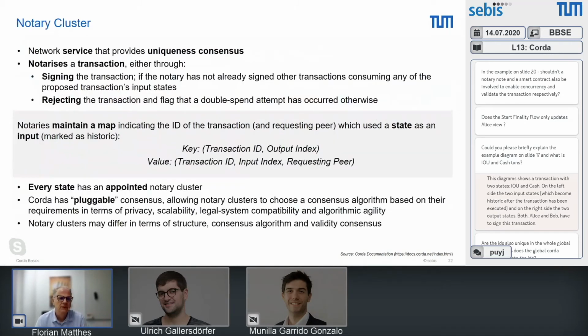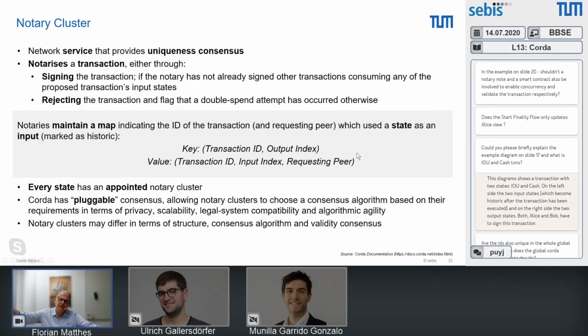In order to do this, notaries maintain a map, mapping from the ID of a transaction and the requesting peer to a state which marks it. The key is a transaction ID and the output index, and the value is a transaction ID, the input index, and the requesting peer.